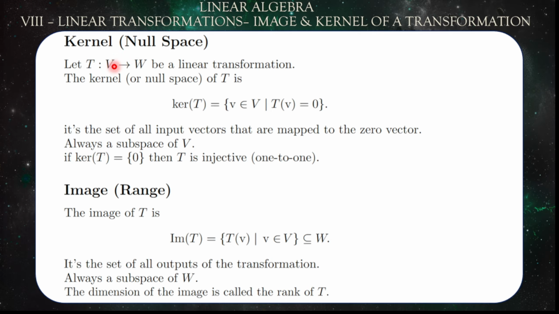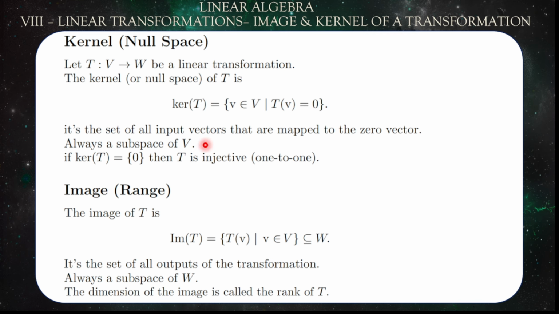So let T be a transformation from V to W, a linear transformation. The kernel or null space of T is simply given by ker T equals V existing within the V space for T of V equal to 0, which is the solution of AX equals 0.